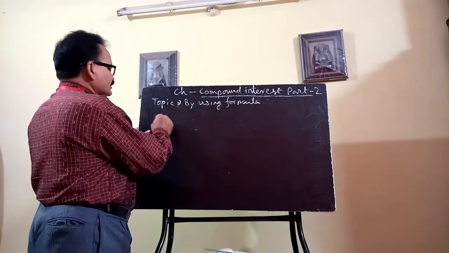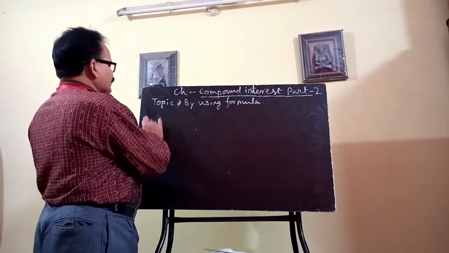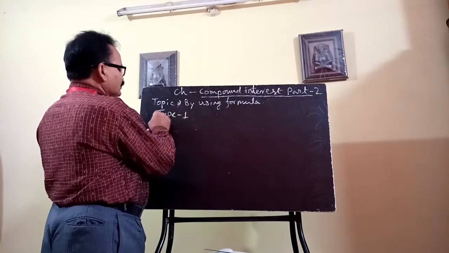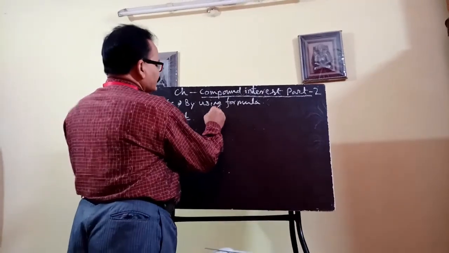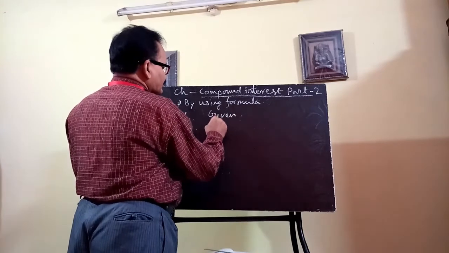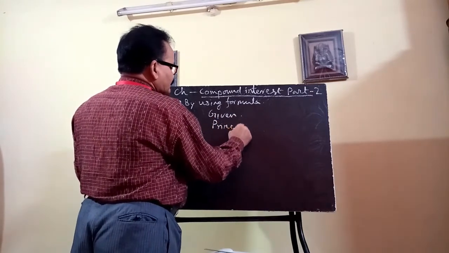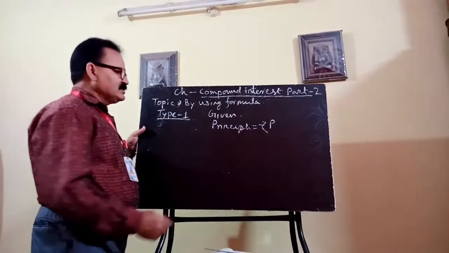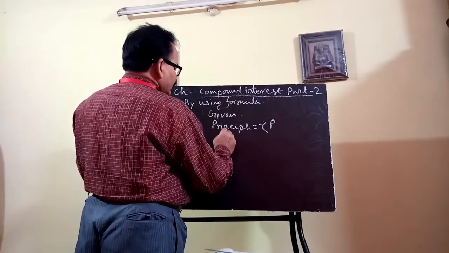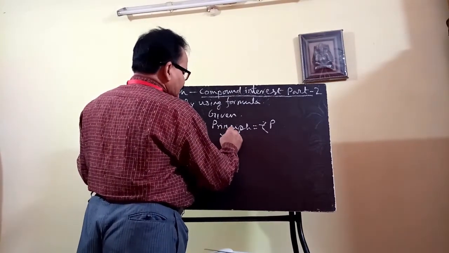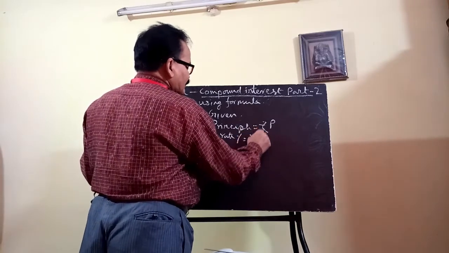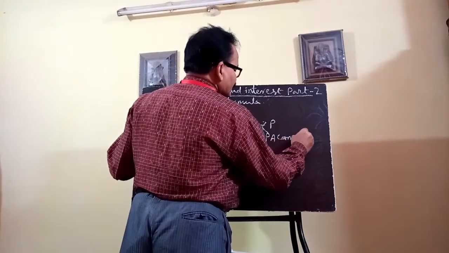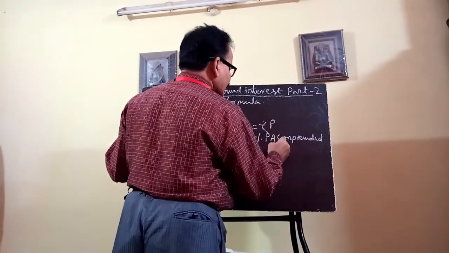Suppose in the question your given part, this is your type 1. Suppose in this type, the given part is your principal, rupees P. Rate of interest, rate percent is given, say R% per annum, compounded annually.